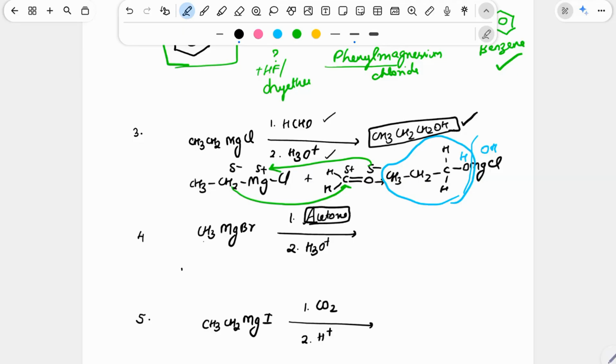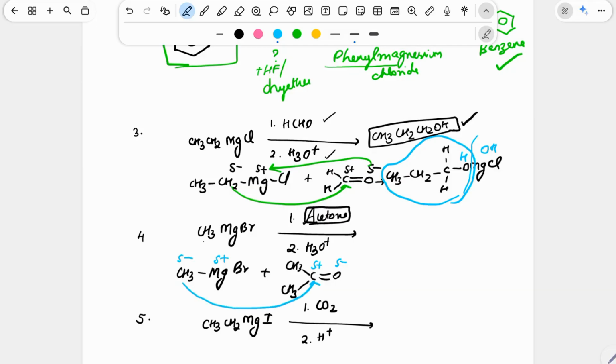Next case, methyl magnesium bromide reacts with acetone. Definitely we will get tertiary alcohol. How will it happen? CH3MgBr reacts with acetone. So the addition reaction happens at the carbonyl carbon.